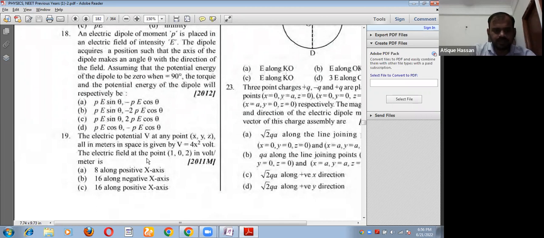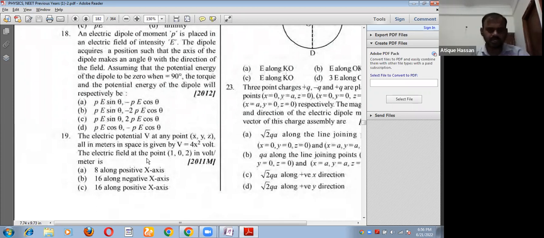The electric field at the point 1, 0, 2 in volt per meter. So in a certain space, the electric potential is given and we have to find the electric field.